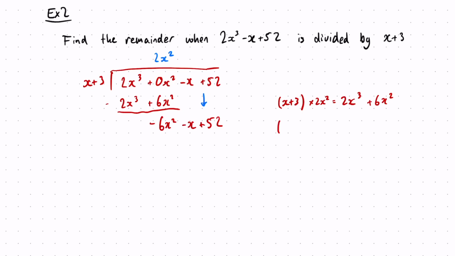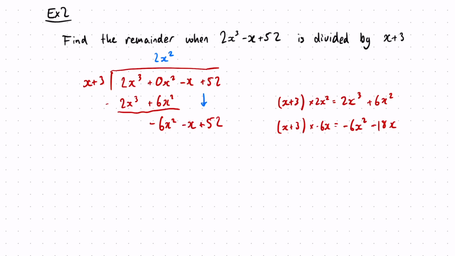Okay, so next, what do I multiply x plus 3 by to get minus 6x squared? Well, I need to multiply the x by minus 6x, which means I multiply the 3 by minus 6x, which is minus 18x.